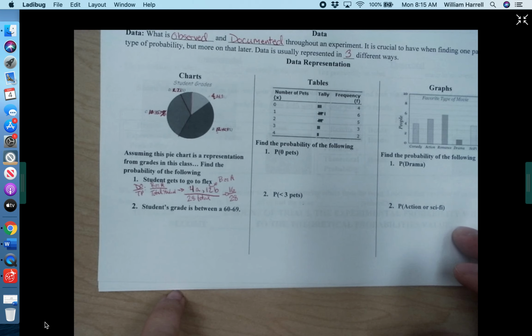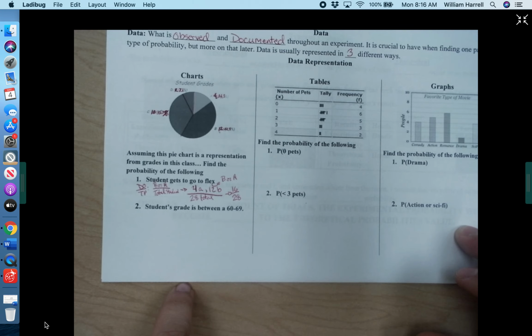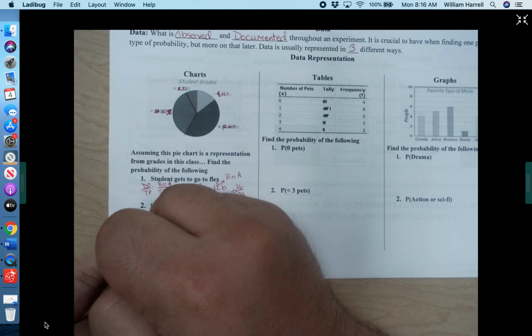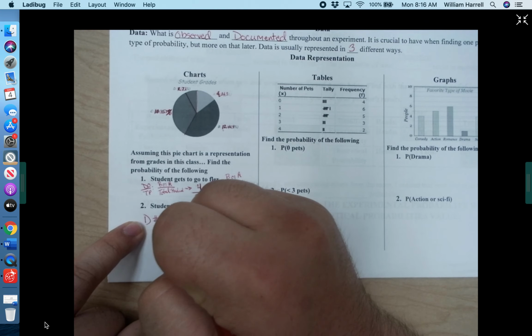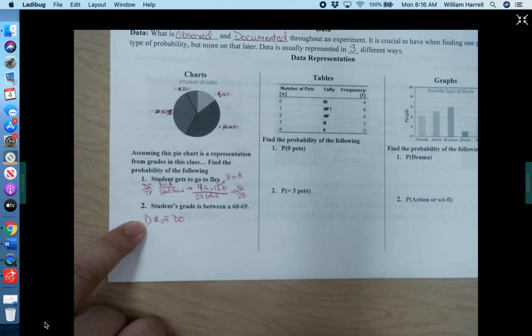So what I want y'all to find is a student's grade is between a 60 to 69. First, starting out with what is the number of desired outcomes. Okay, so 60 to 69, you have to know a little something about the grading scale.